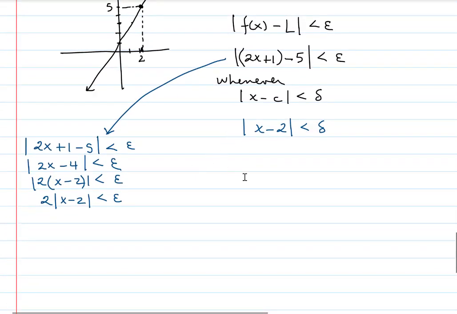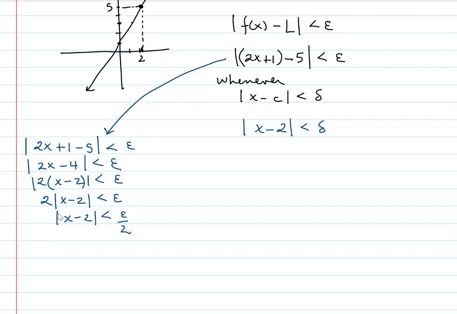And here it is. Now from here, I can simplify and isolate this absolute value, x minus 2. I divide by 2 on the other side, and I get epsilon over 2. Notice here I get my epsilon over 2. I already had that x minus 2 is less than delta.